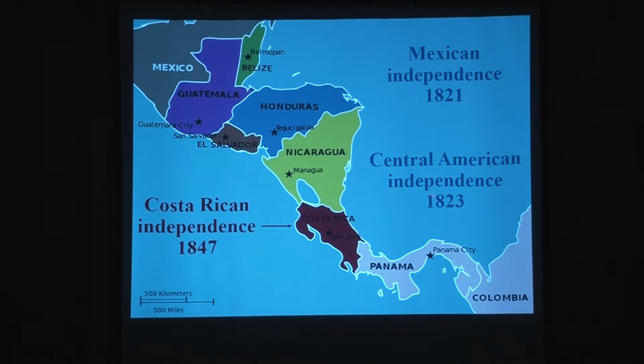Central America becomes independent from Mexico in 1823. And Costa Rica finally solidifies its independence from Central America in 1847. So in a sense, Costa Rica has 3 different dates of independence, almost, okay? And I'll get back to that again in a moment.